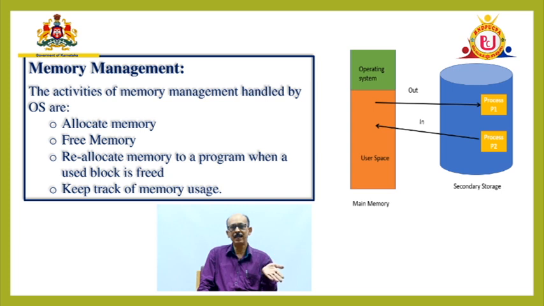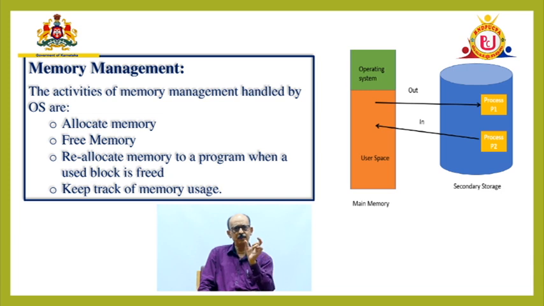Inactive process will be sent out of the memory. Active process will be brought from the secondary memory to main memory. This process is called the memory management by the operating system. This is the main function of the operating system. It allocates the memory space for the job and it will free the memory space once it is done. It will reallocate if it is not completed. It has to come back.